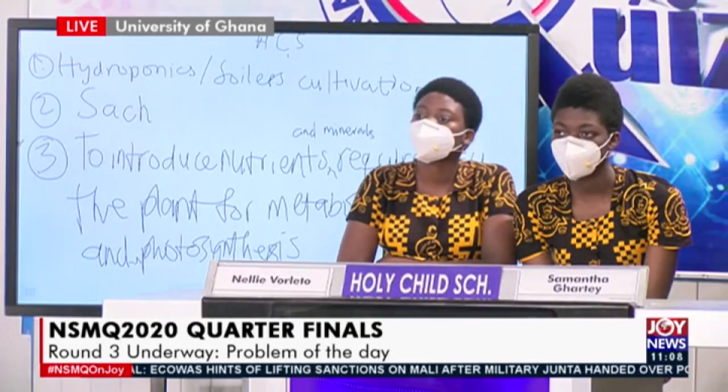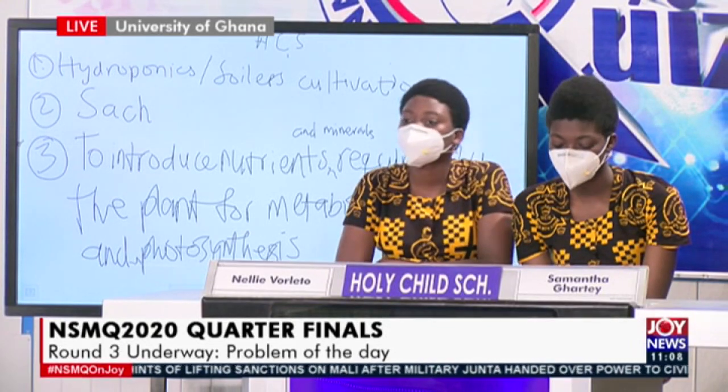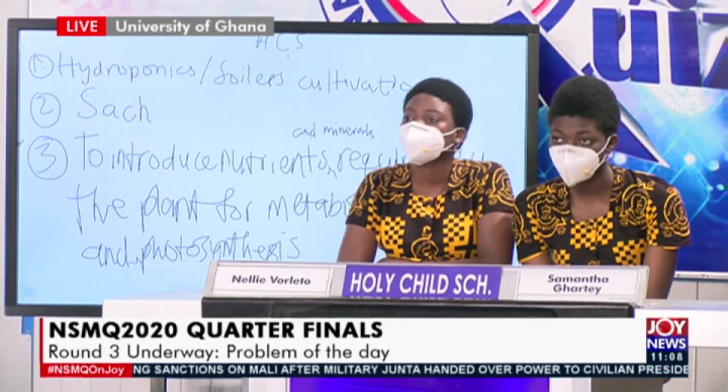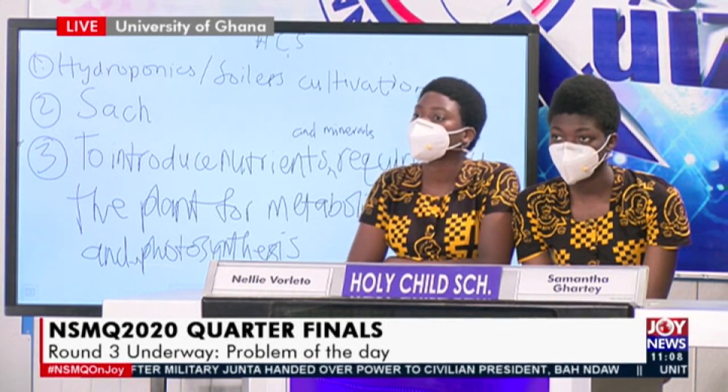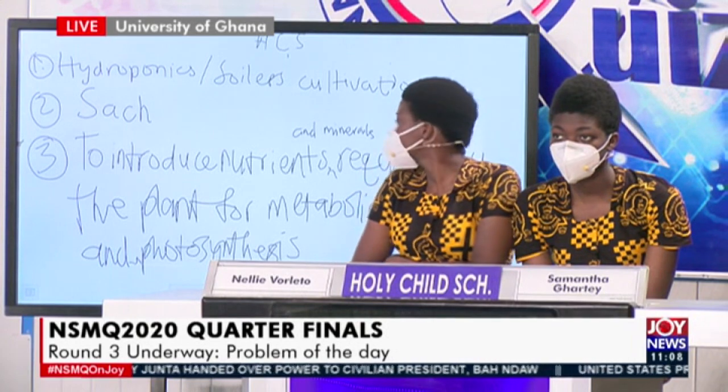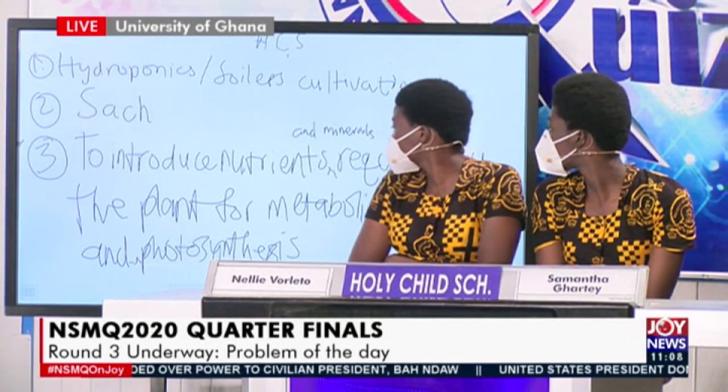Holy Child School, you got hydroponics right, that's 2 points. You did name the scientist, but your spelling is missing something, so I'll give you partial credit for that, 1 out of 2. And then the importance of the feeding funnel, it's used to add nutrients to. Is that what you said? Yes, and so I'll give that to you.